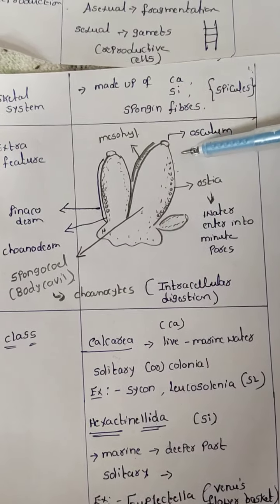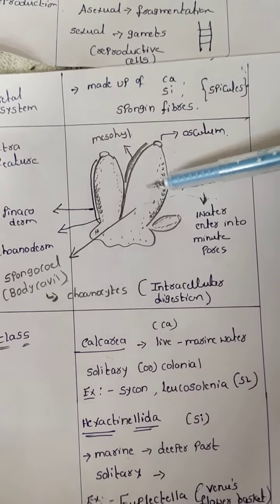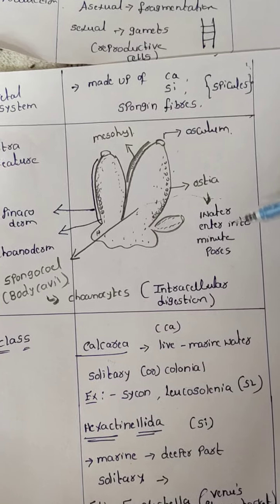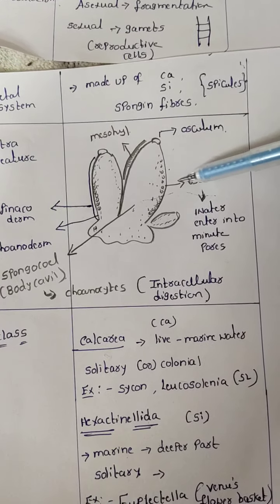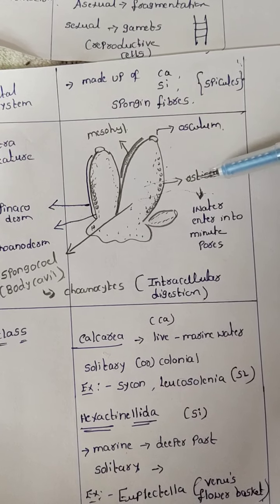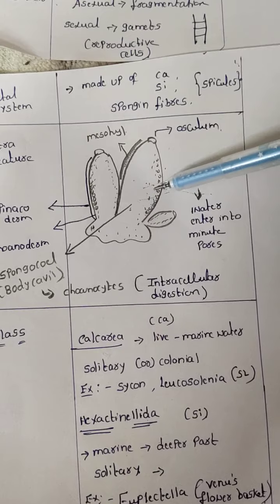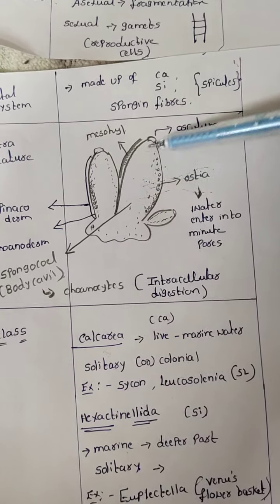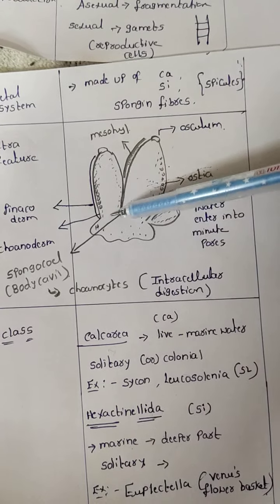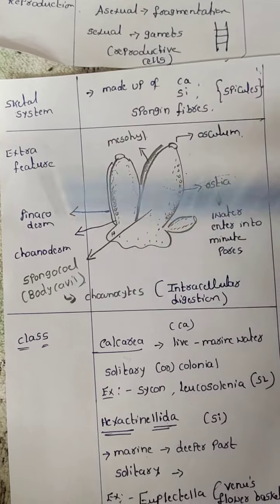If pores are there, then compulsorily water enters inside. When water enters through the minute pores, these pores are called ostia. Now the water enters inside. Now this whole body cavity is called the spongocoel.